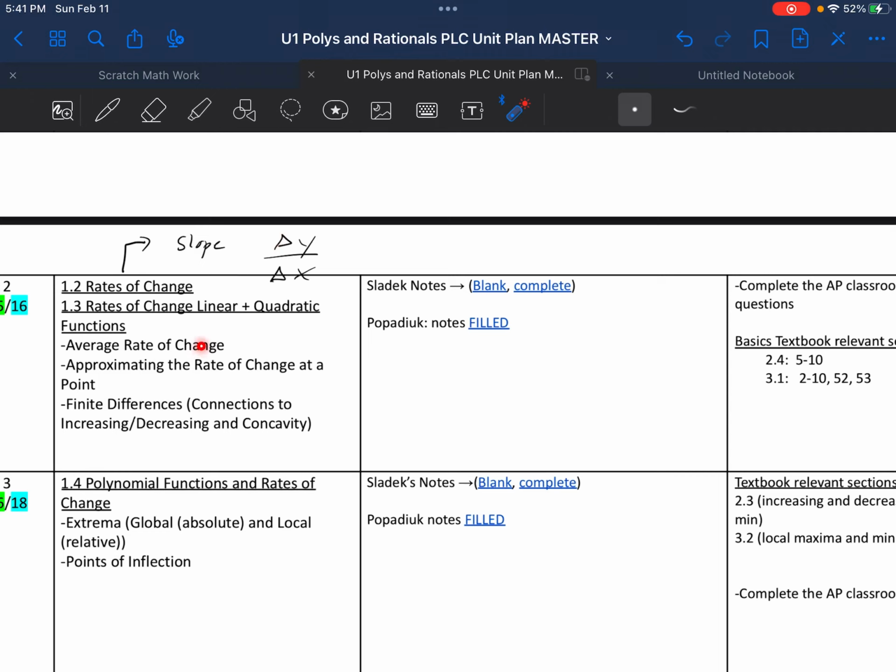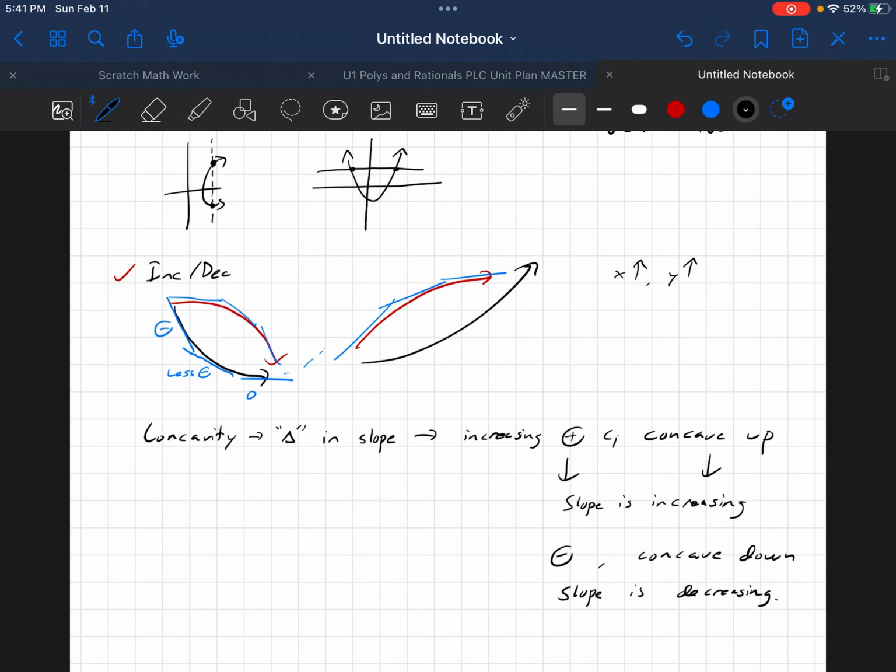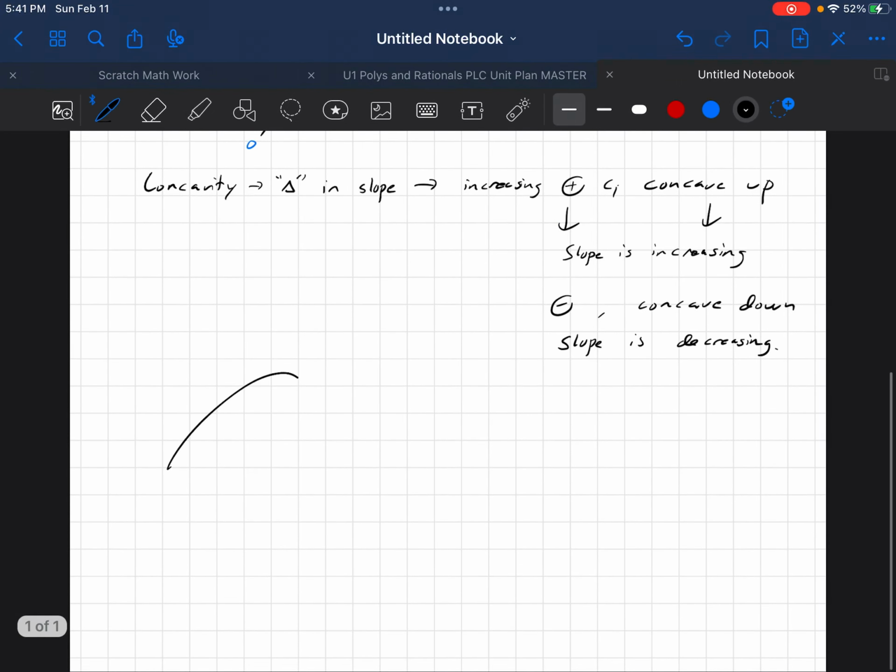For an average rate of change, we just take the value at the end. So let's say this is 0, 1, 2, 3, 4, 5, 6, 7, 8, 9. This is about 9.5.